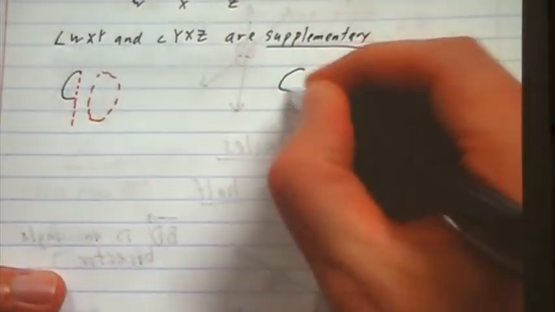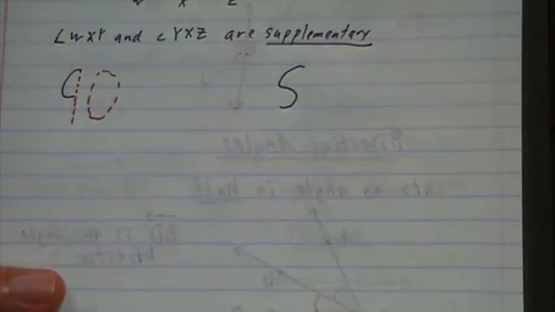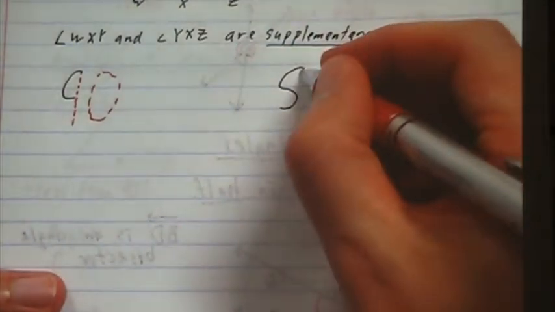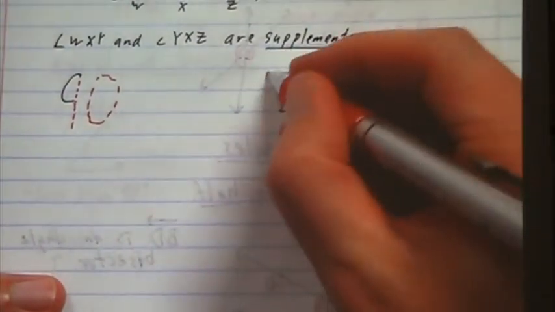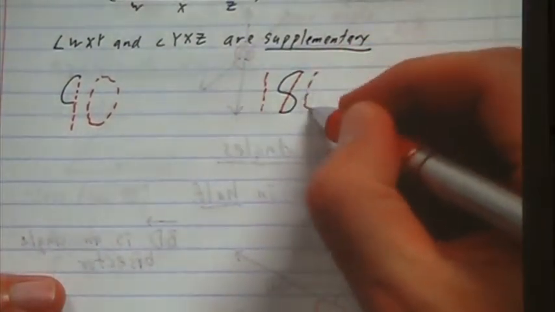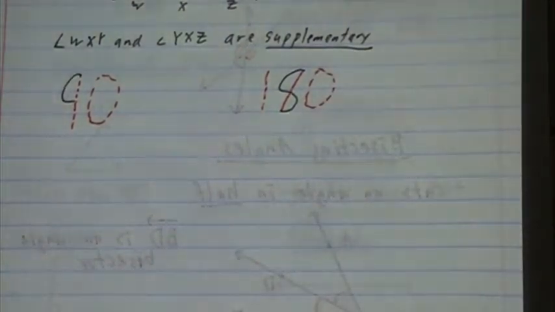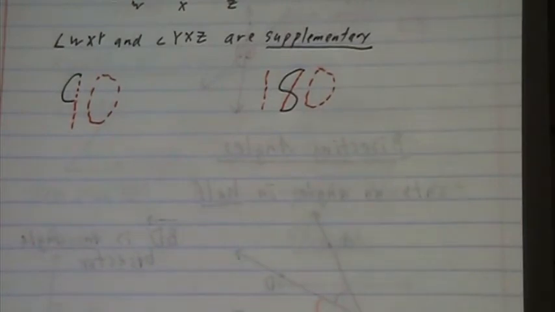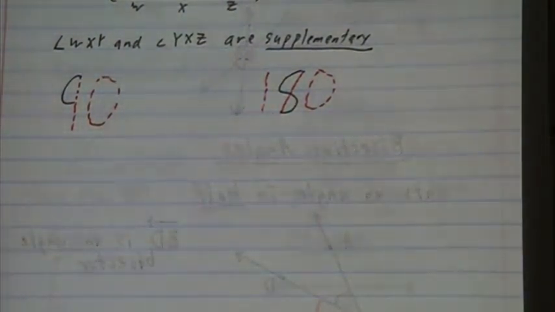We take an S, watch this, connect the ends. What? Math magic, 180. So again, complementary angles add to 90, supplementary angles add to 180. Enough magic tricks. Let's go to the next one.